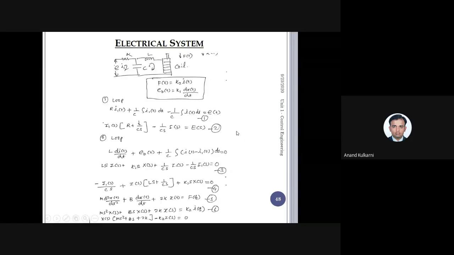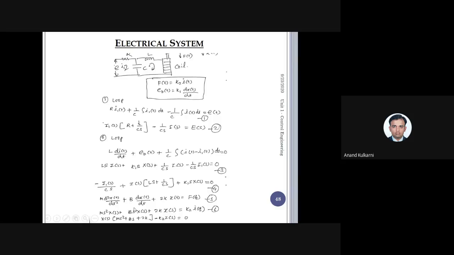This is what the equation is written here. So m into d square x by dt square plus b or f, you can take either b or f. In the sketch it is written as f, I have taken it as b by mistake. So b into dx by dt plus 2k into x of t is equal to f of t.